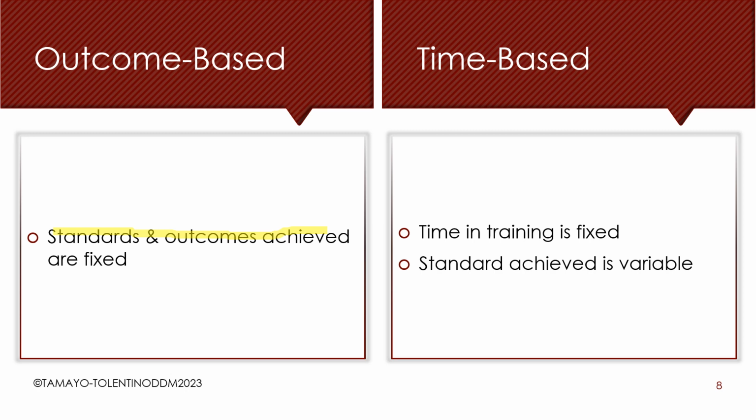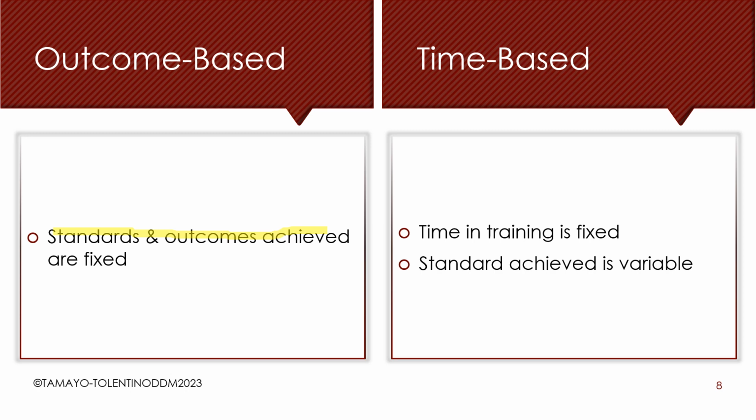Ideally, in OBE, once the outcomes have been achieved, the students can already progress to the next level, so there is technically no time constraints. But remember that one quality of a good outcome is that it is time-bound and realistic, which means that the outcomes can be achieved within the available time for learning.